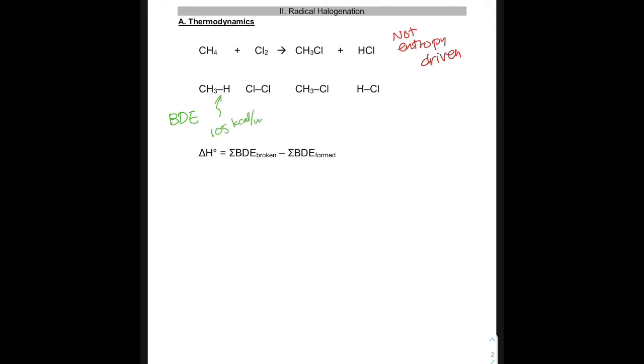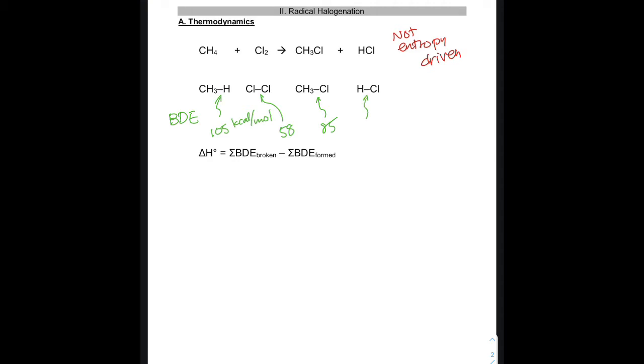For example, the sigma bond between carbon and hydrogen is worth 105 kilocalories per mole. That means you have to put that much energy into it to break apart that bond, okay? Likewise, the chlorine-chlorine single bond is worth 58 kilocalories per mole, and the carbon-chlorine single bond is around 85 kilocalories per mole.